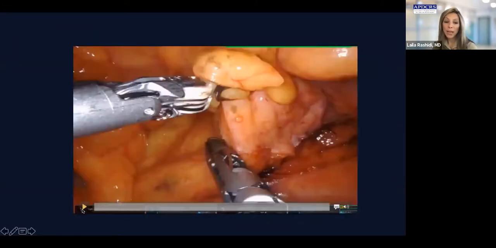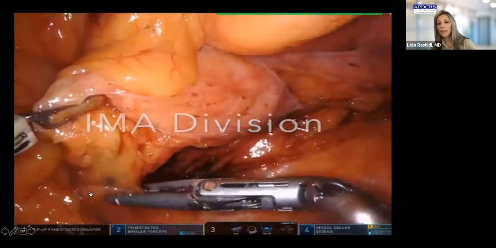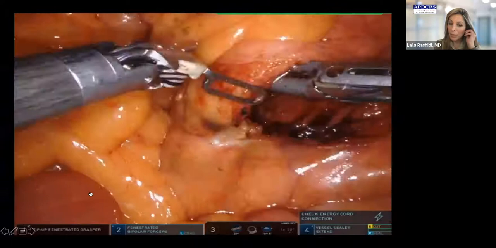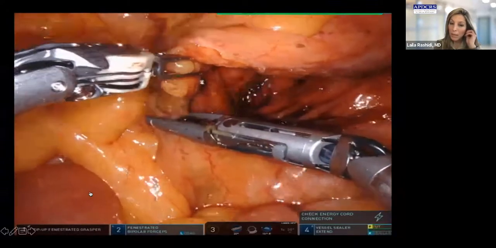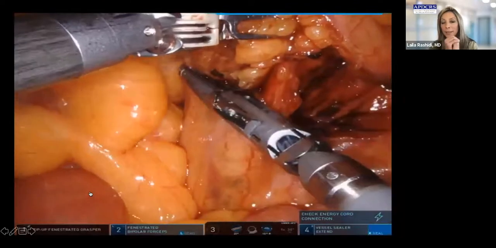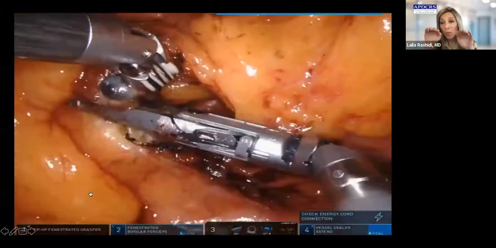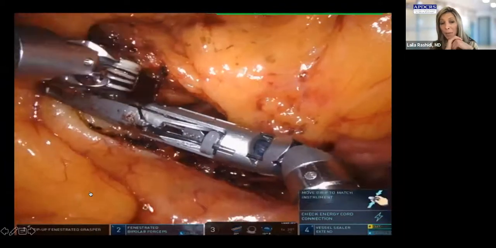So this is just showing you how the arms are moving. This is just the IMA. You had a great video presentation with Dr. Solomon, so I'm not even going to go there. But here, I just want to show you how we're using the arms when you want to do that medial to lateral approach.